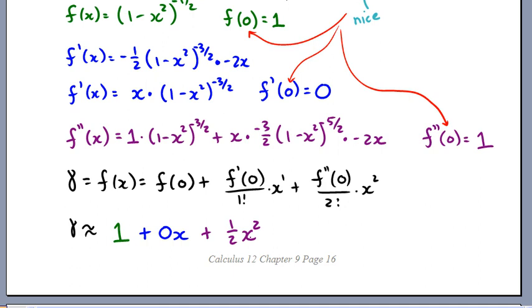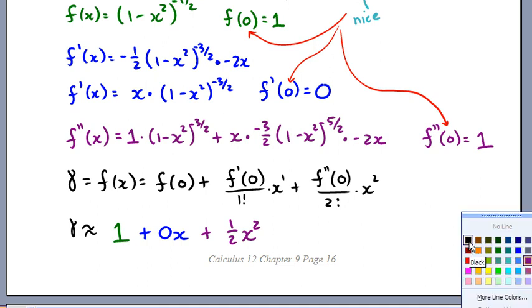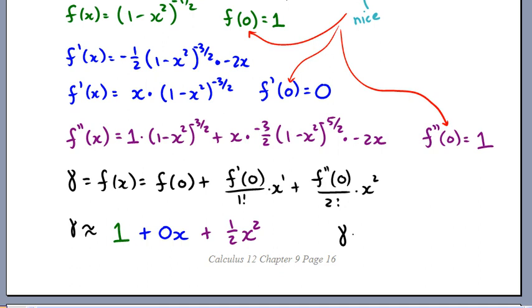Now there are more terms, but if you only want to grab the first term that isn't a 0, after the original term of 1, then you could say, hey, here's a way to approximate what gamma is in your car when you're going really slow. It's going to be 1, we already knew that, plus 1/2 x squared.